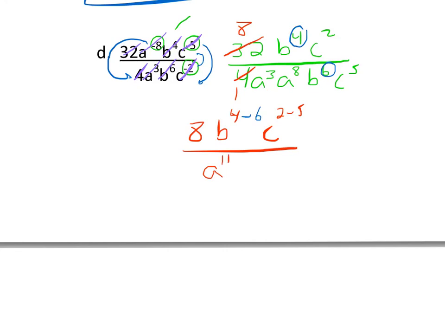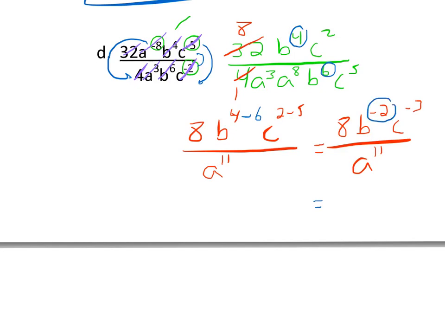All right, now something interesting here. When we do our subtraction, we have 8, and then b to the negative 2, 4 minus 6, top minus bottom, and c to the 2 minus 5, so negative 3, all over a to the 11th. We just so happen to organize things, did our subtraction, and we still have negative exponents, so we have to clean that up, which we know how to do.